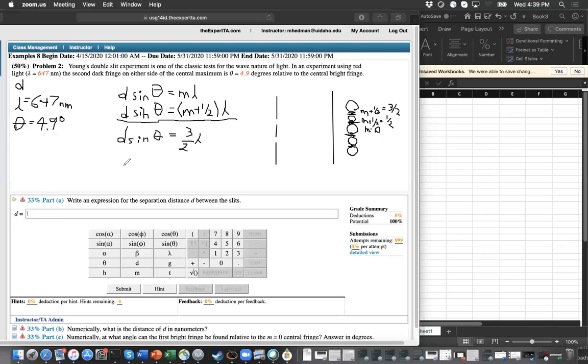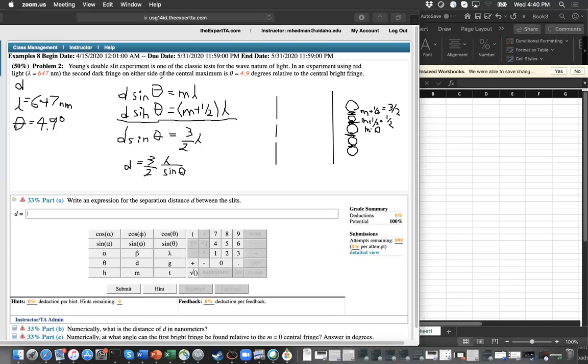But what we want is an expression for d, so we divide by sine theta. That gives us d is 3/2 times lambda divided by sine of theta.